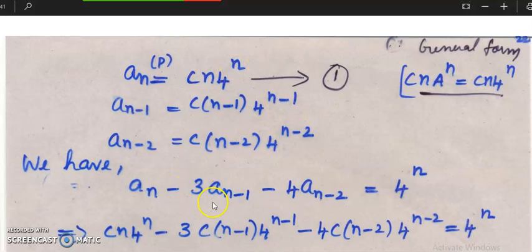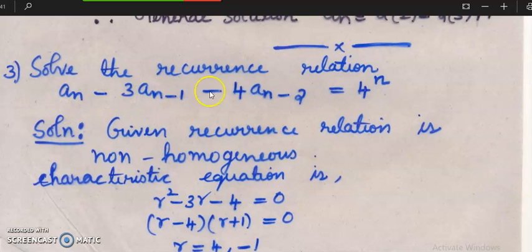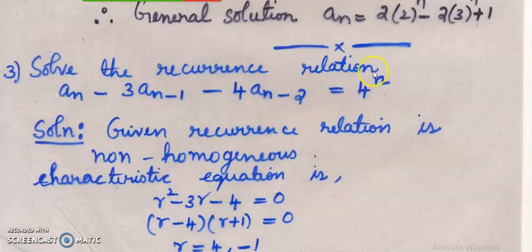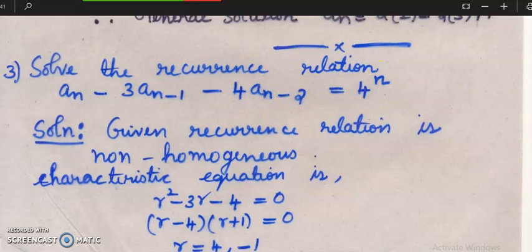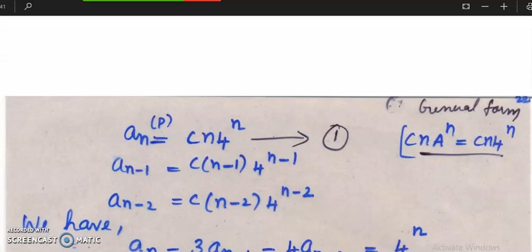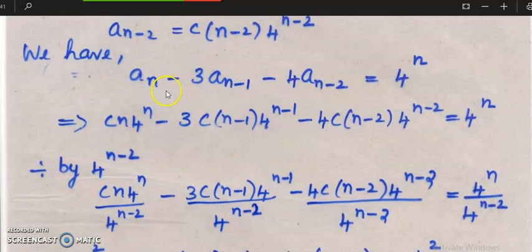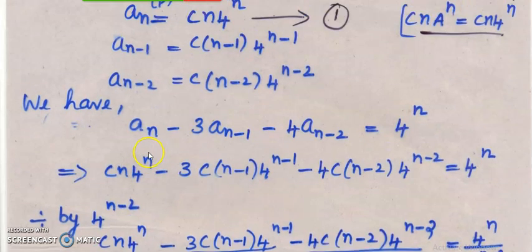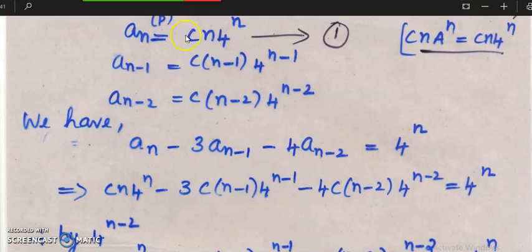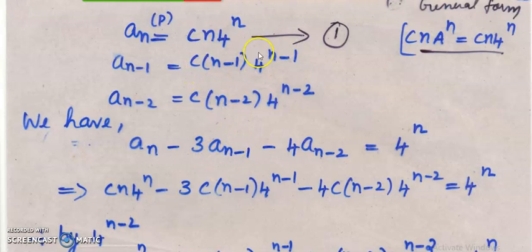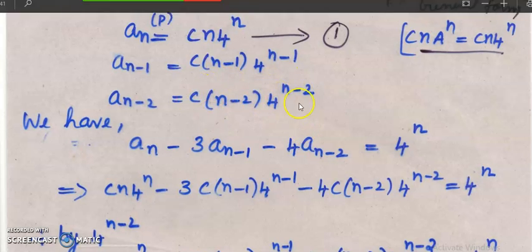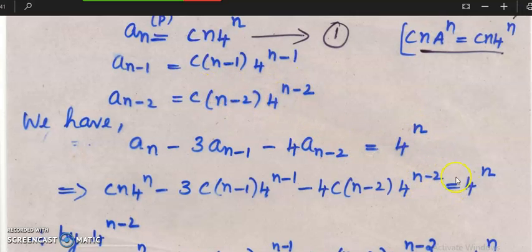So now let us take the given equation and substitute the a_(n-1) and a_(n-2) values. We substitute a_n as c n 4 power n, a_(n-1) as c (n minus 1) 4 power (n minus 1), and a_(n-2) as c (n minus 2) 4 power (n minus 2), equal to 4 raised to n.